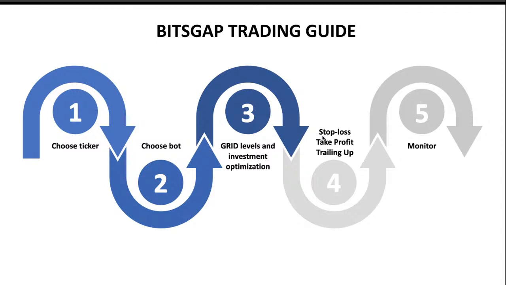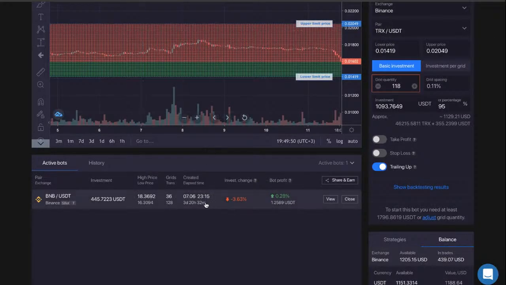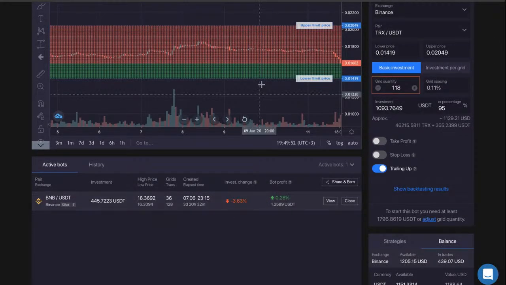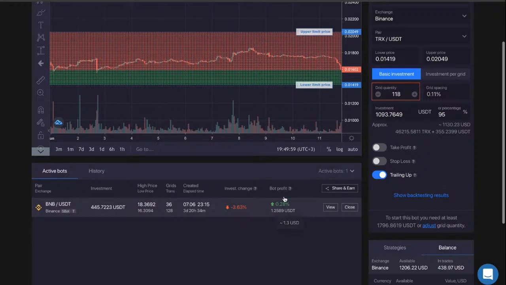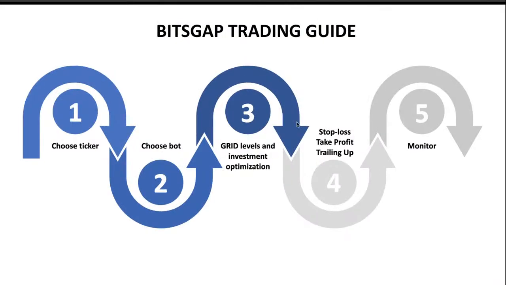But in any case, even if you don't have the stop loss function on, the bot will automatically protect your trading, not entirely, but it will protect it, as it will use the bot profit to offset the negative value change of your investment.